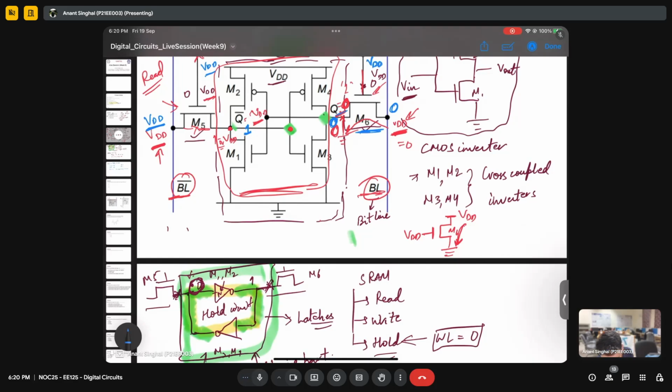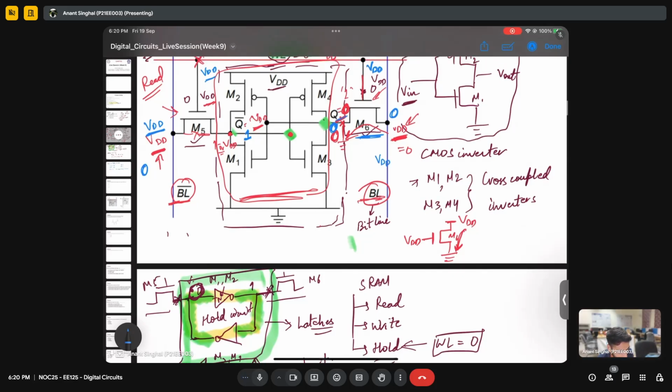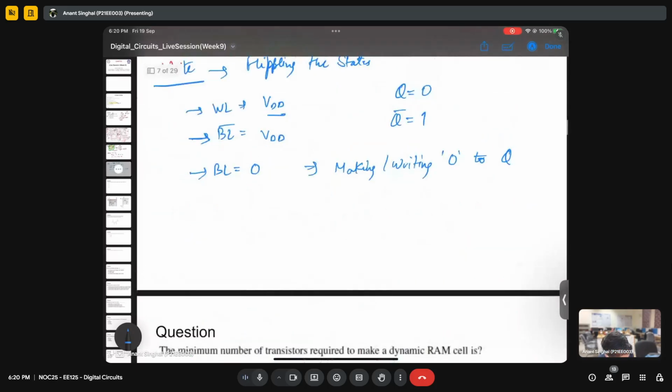Similarly, if you want to write 1, we'll just do the opposite of this. We'll give ground to this and VDD to this. Does it make sense to everyone? So for writing 1, let's say case 2, I'll still keep the word line as VDD, but I'll set the bit line to VDD and the bit line complement will be 0.